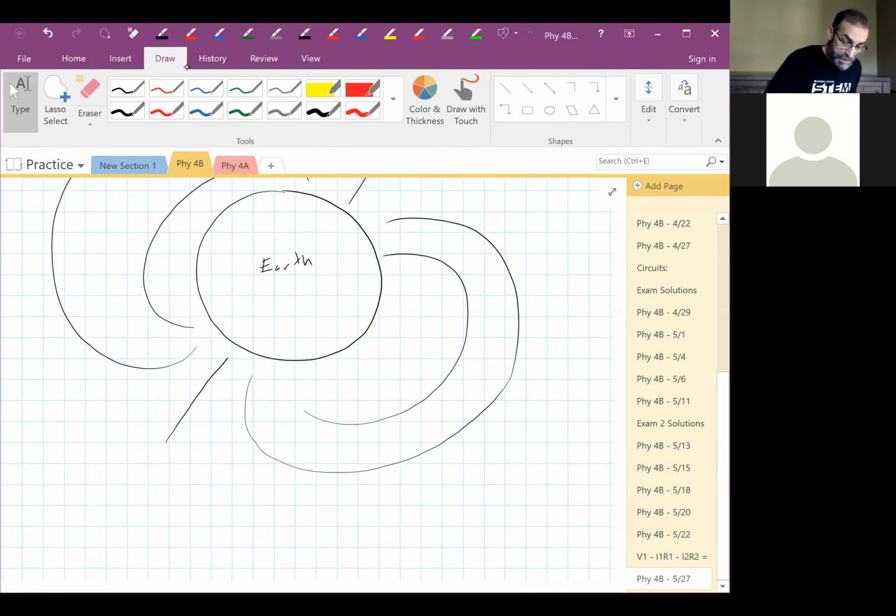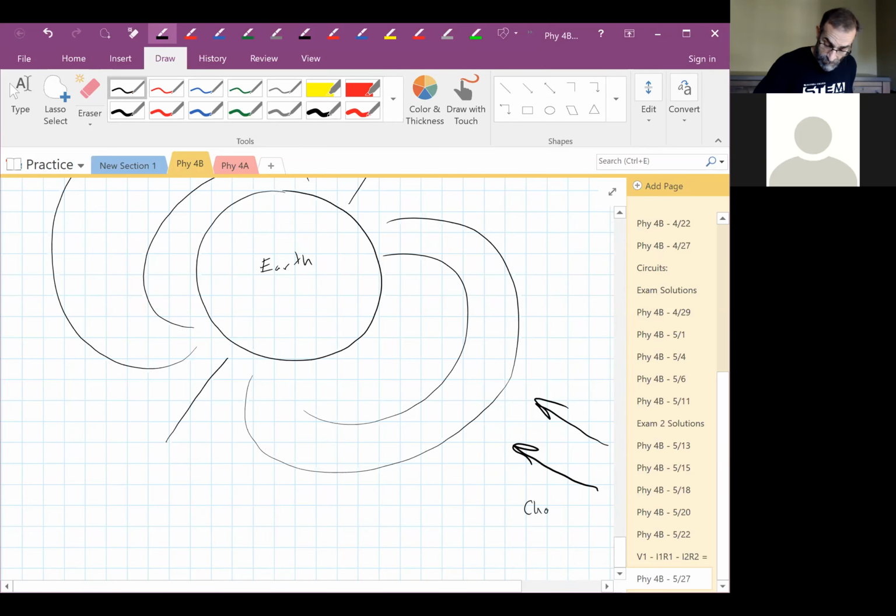Charged particles from the sun come towards the earth and they hit that magnetic field and they really have a hard time crossing the magnetic field lines. They start to move in circles around the magnetic field lines.